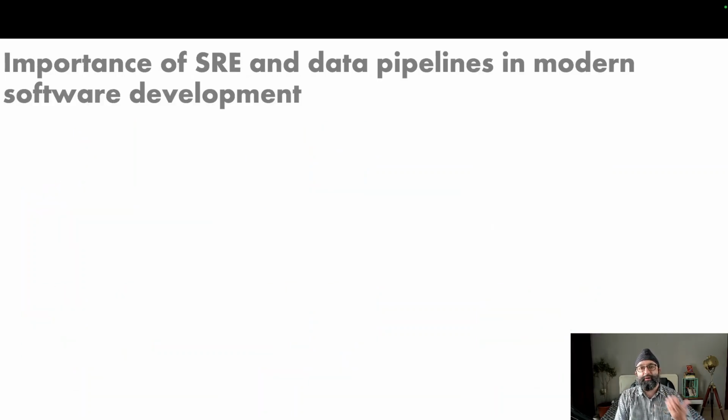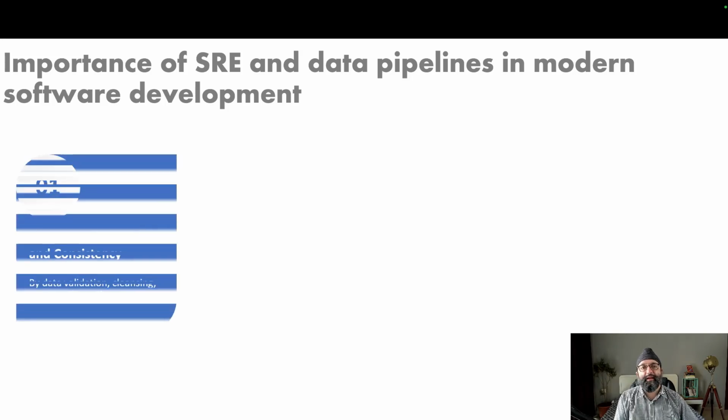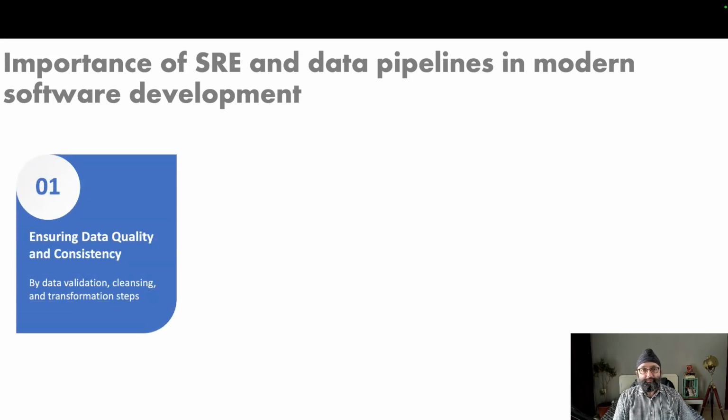Now let's look at the importance of SRE and data pipelines in modern software development. Number one is to ensure data quality and consistency, because everything further down, all decisions, are built on the quality and the consistency of data that goes into these data pipelines.